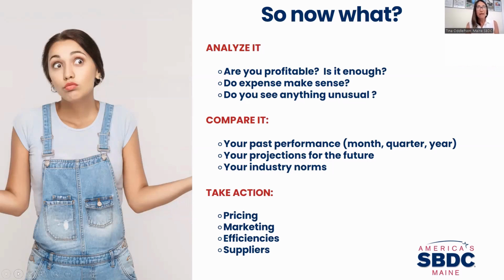Is it better or worse? And why is that happening? If you are a brand new business and you don't have history, then you can compare it to the projections you made for your business that you hopefully made going into your first year and what you thought you would be making.